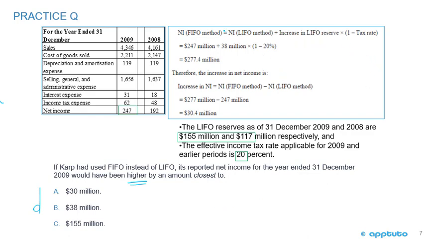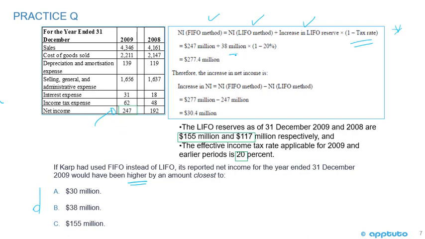So first of all, the net income under the FIFO method equals the net income under the LIFO method plus the increase in the reserve times 1 minus the tax rate. Again, in previous LOS, we've looked at these formulas a couple of times. So we have to zoom in on the net income for 2009. Under the LIFO method, it was 247.